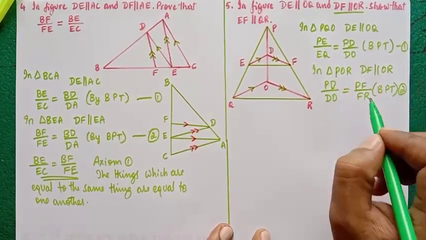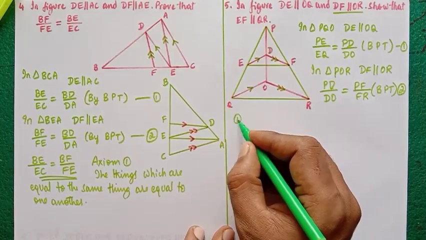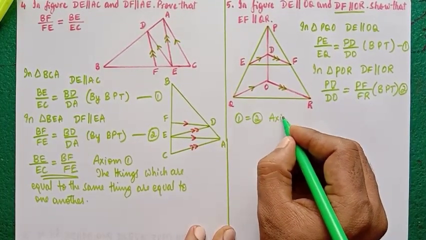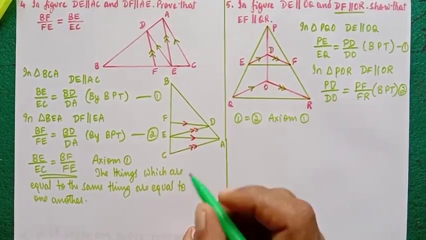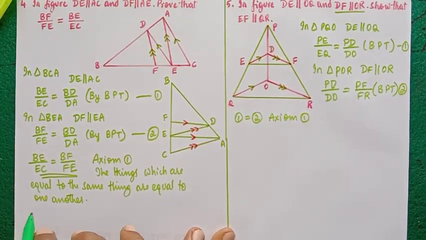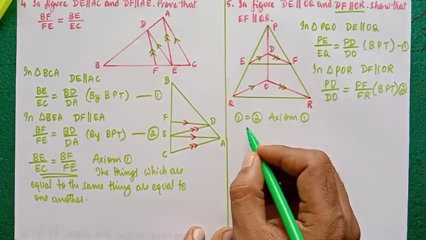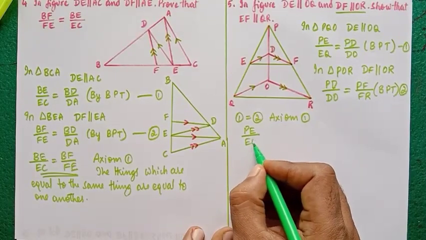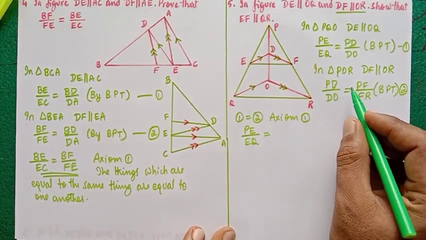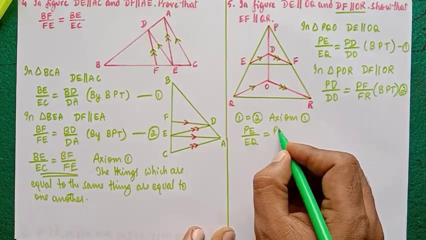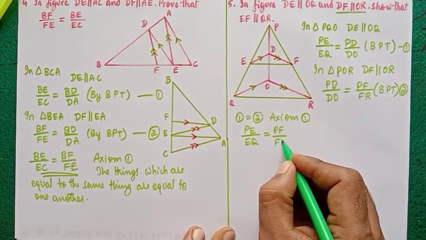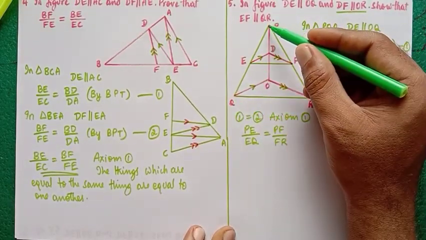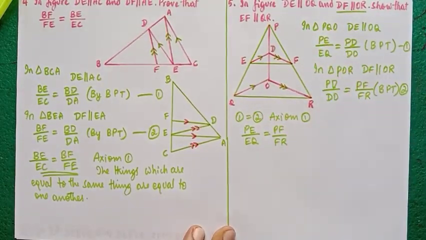So we can come to the conclusion that equation 1 is equal to equation 2, by Axiom 1: the things which are equal to the same thing are equal to one another. So we can straightaway write PE by EQ is equal to PF by FR.